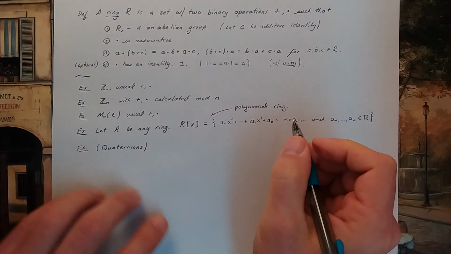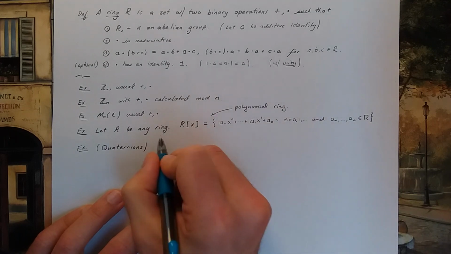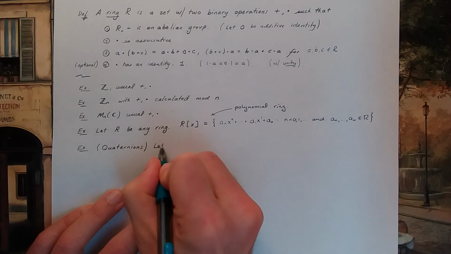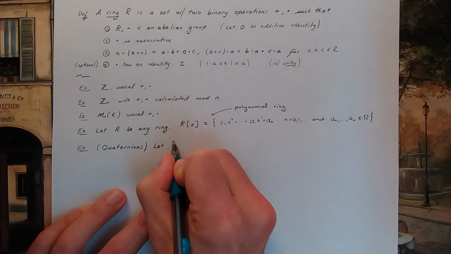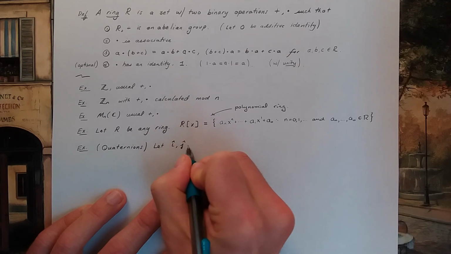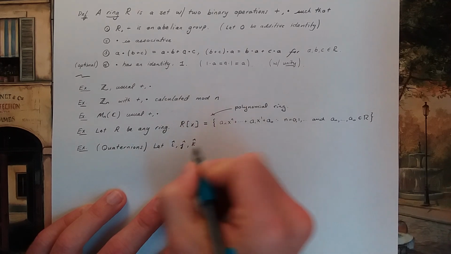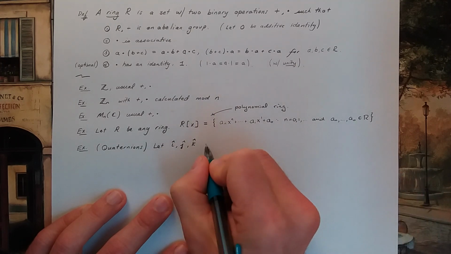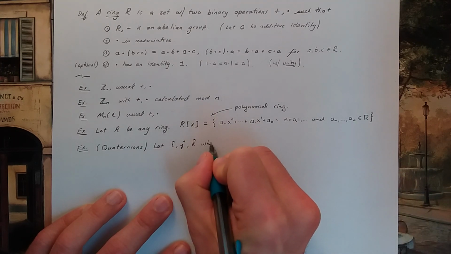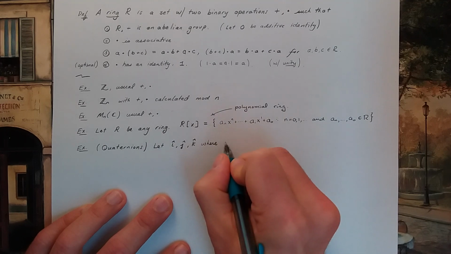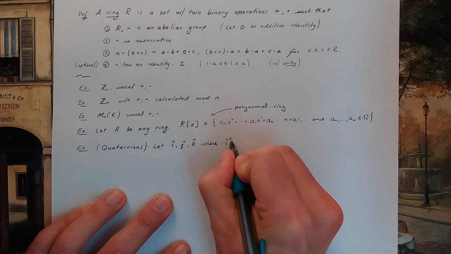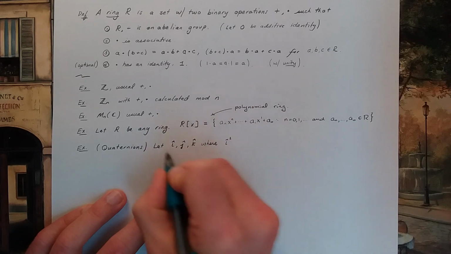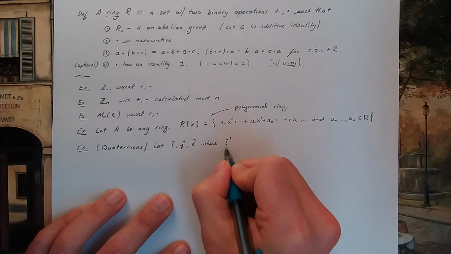So here's a more interesting novel example. I'm going to let i hat, j hat, and k hat be three indeterminates or vectors where they satisfy this condition. I squared, imagine i is the complex number, the imaginary i.